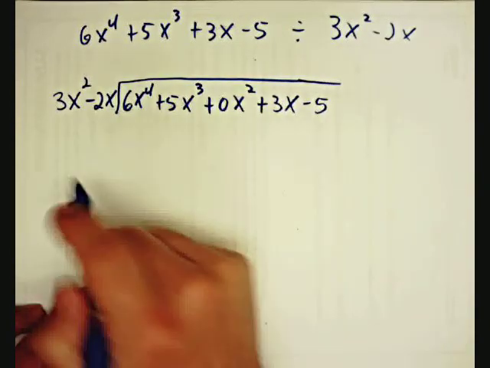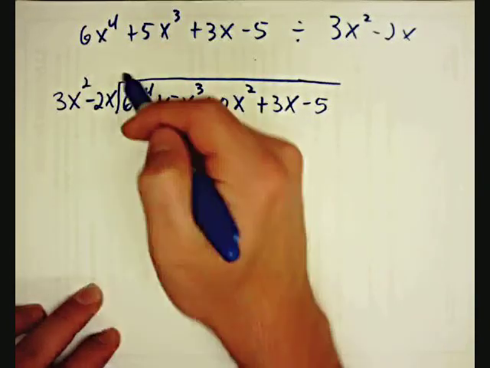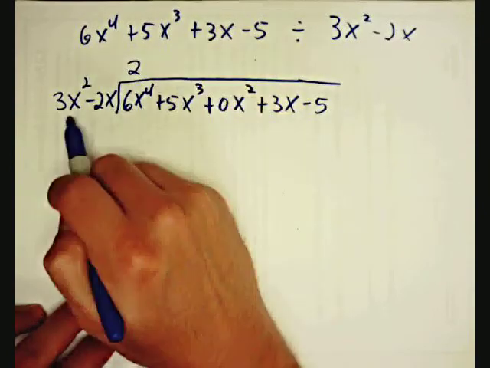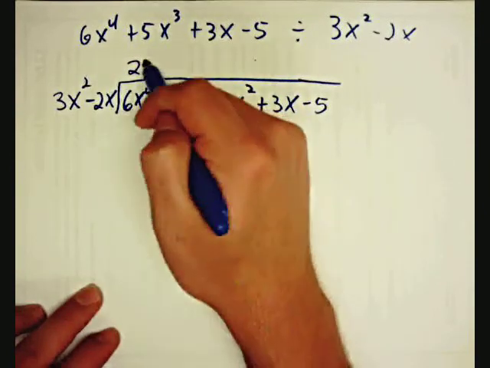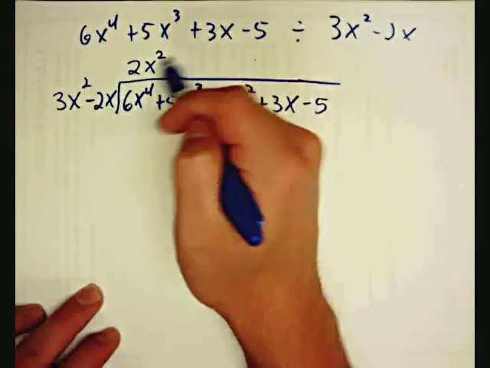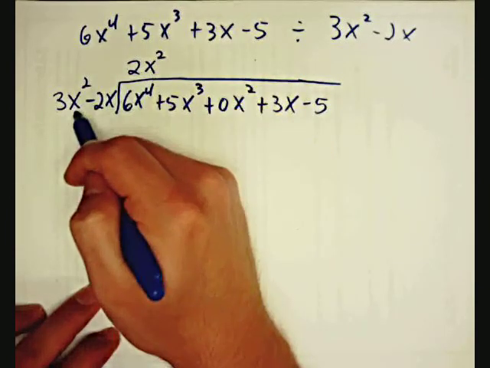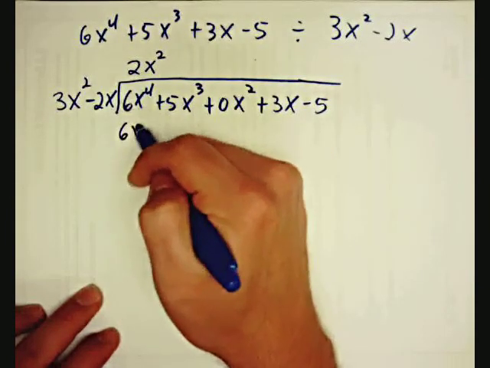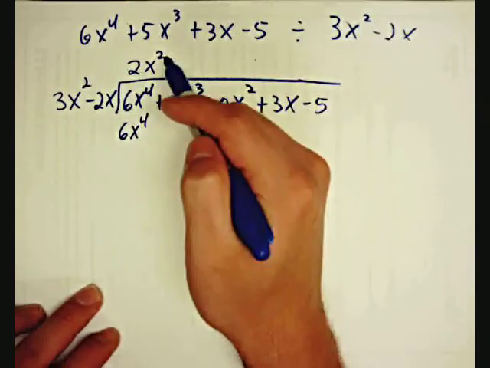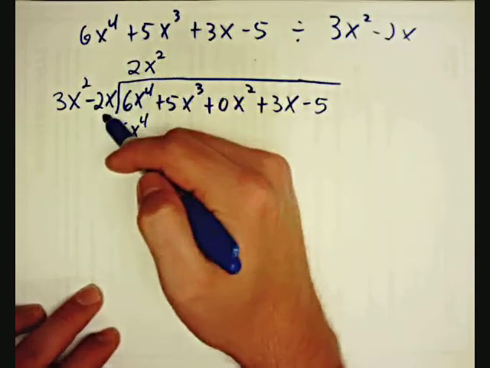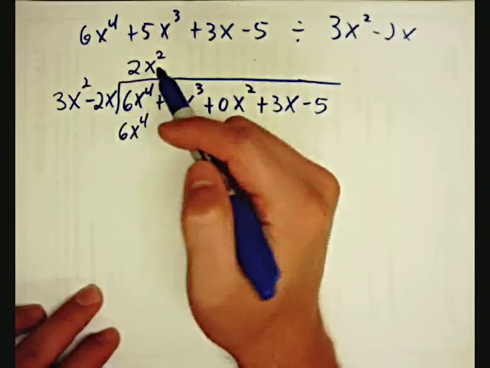So now comparing 3 with 6, I need to multiply by 2. X squared with x to the fourth, need to multiply by x squared. 2x squared times 3x squared is 6x to the fourth power. 2x squared times minus 2x is minus 4x cubed.